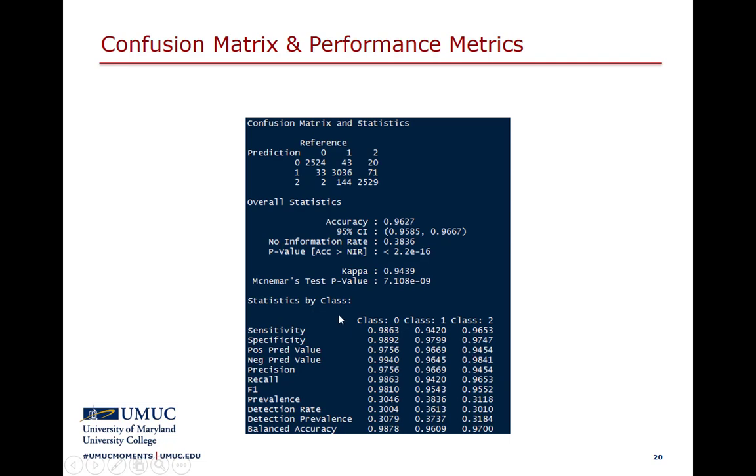Okay, here are the other metrics that we discussed: sensitivity for each class. Those are binary measures, so you have to measure for each class, right? So for class 0, sensitivity is a higher number, which aligns with the accuracy.